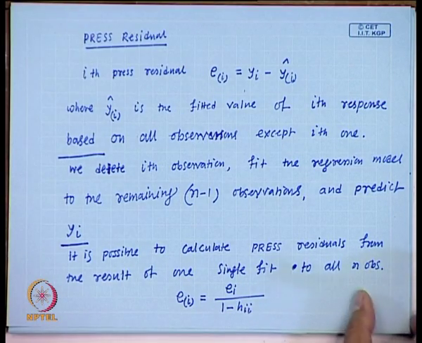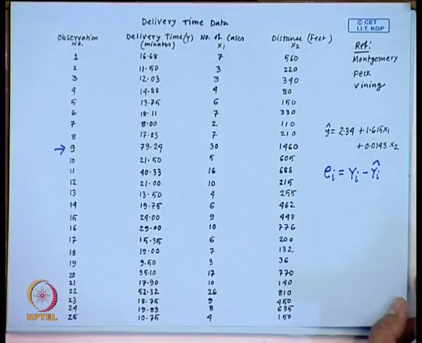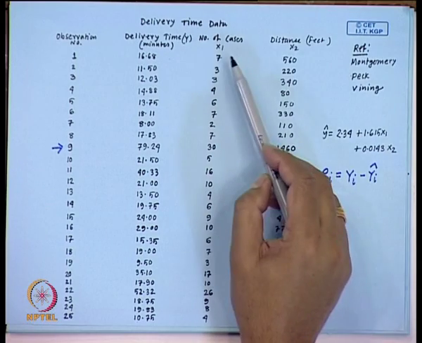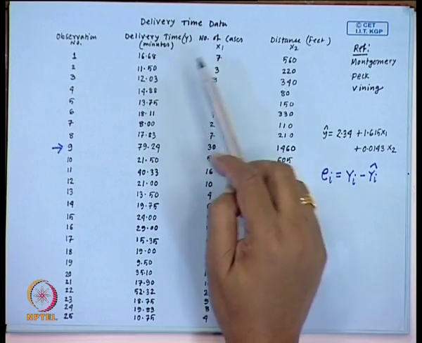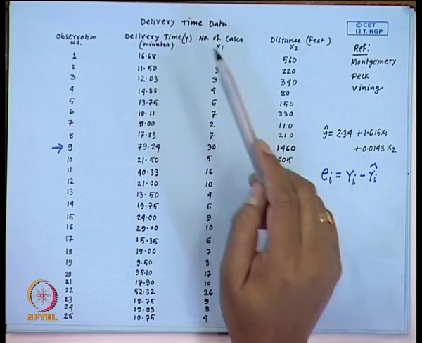Now, let me just recall the example we considered in the last class. So, here is an example of multiple linear regression with two regressors x1 and x2, and here is the response variable y.